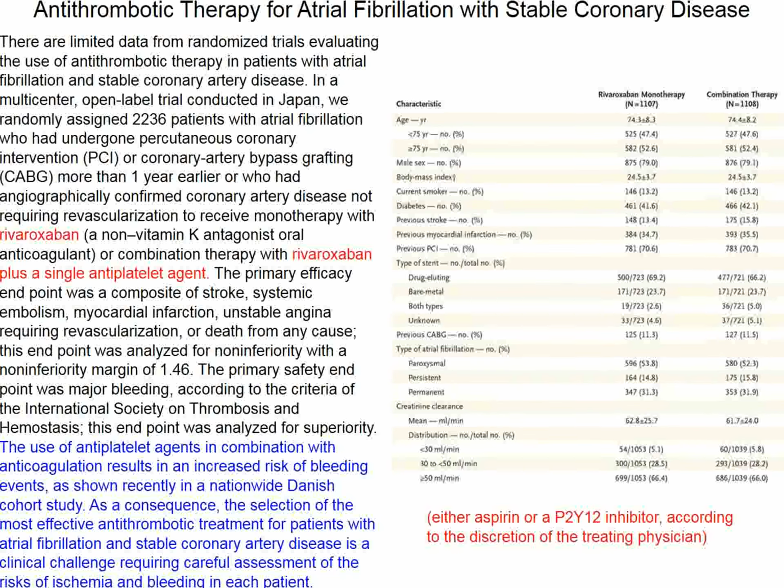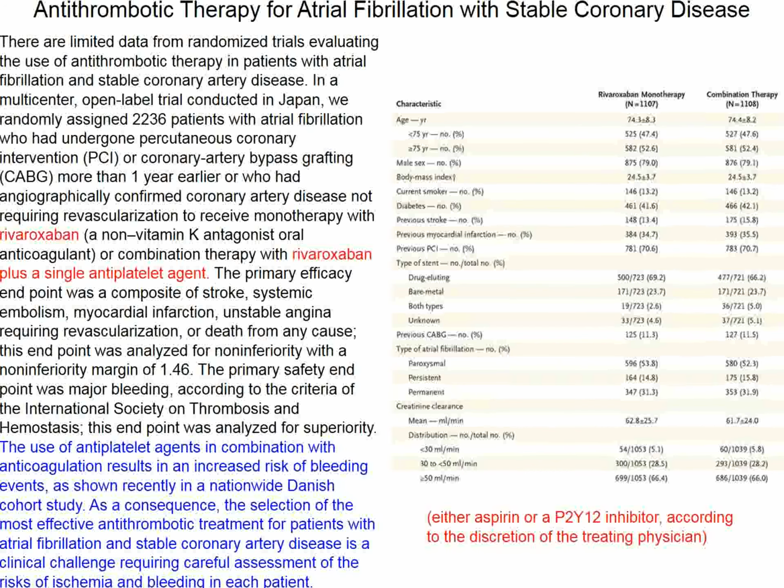Currently, these patients are generally anticoagulated with phenprocoumon or warfarin, and if they have a stent or coronary disease, they may receive aspirin concomitantly. They may also receive a P2Y12 inhibitor, particularly if their stent has been relatively recently placed. But actually, the best strategy for these patients is not entirely clear.